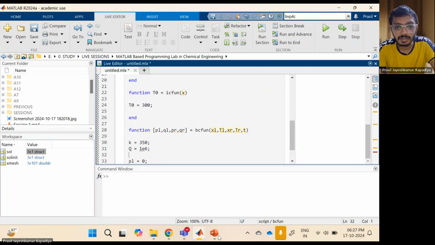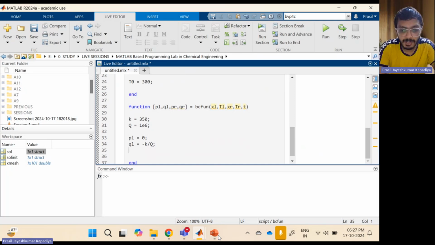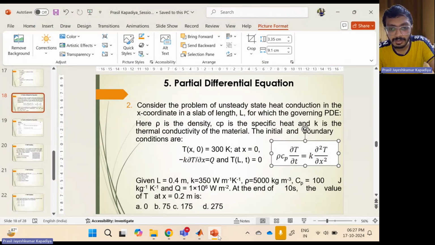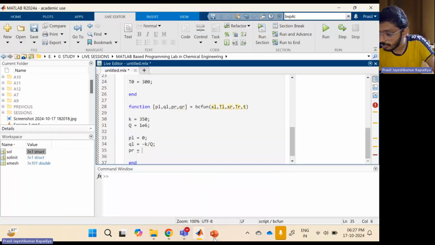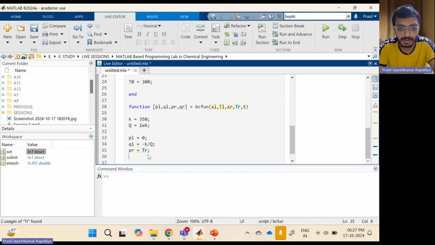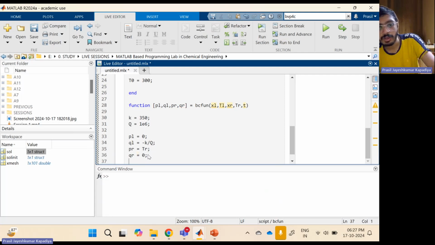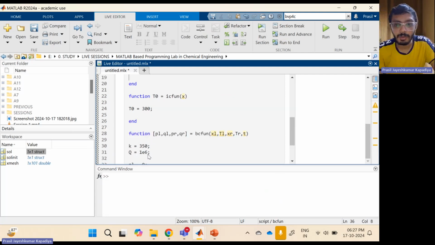So PL, QL is there, and what is the value of my PR? PR is T minus 0. So it is nothing but TR. TR minus 0, so that is TR. And there is no Neumann condition, so QR also is equal to 0. Okay. So here we have defined all our boundary conditions.